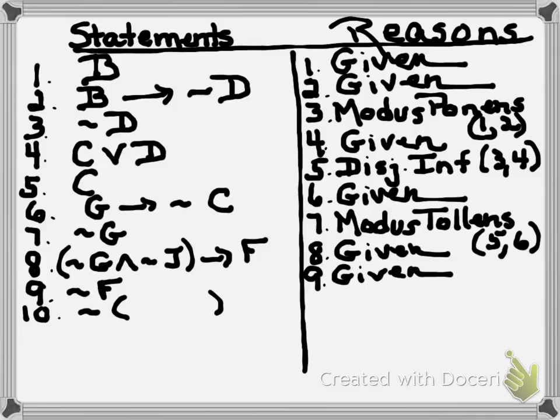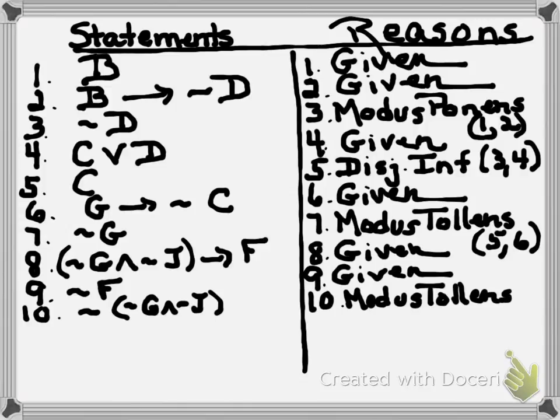So I have the negation of not G and not J. And that's by modus tollens. Lines 8 and 9. I'm just putting it above it because I need more room down below.